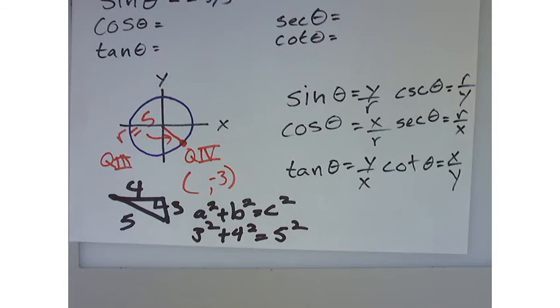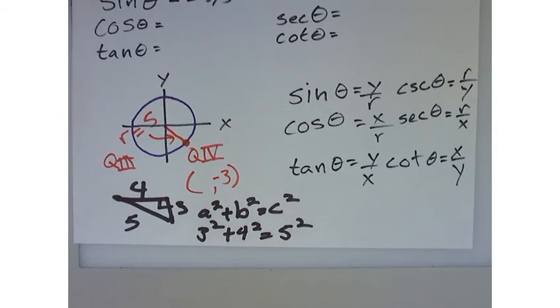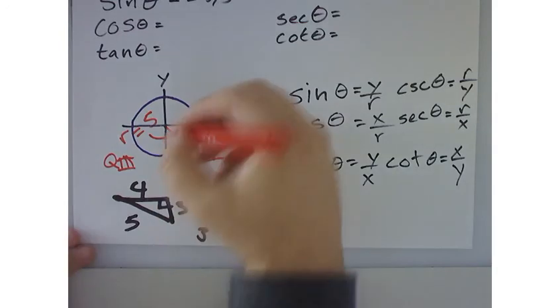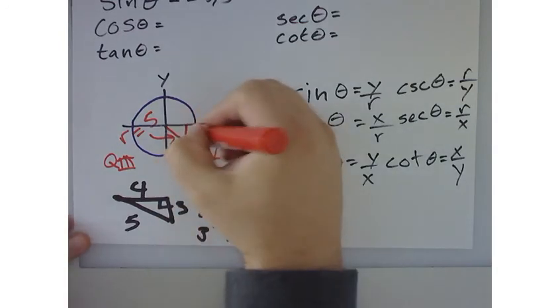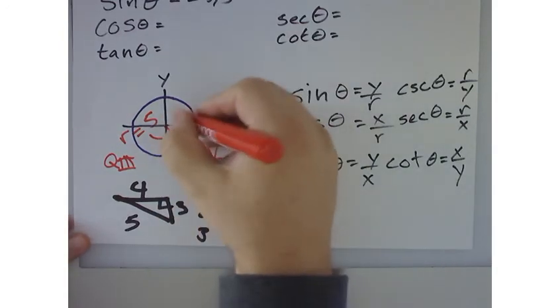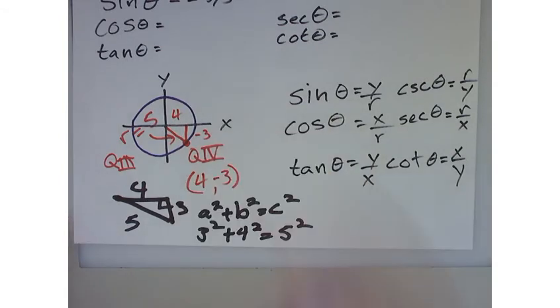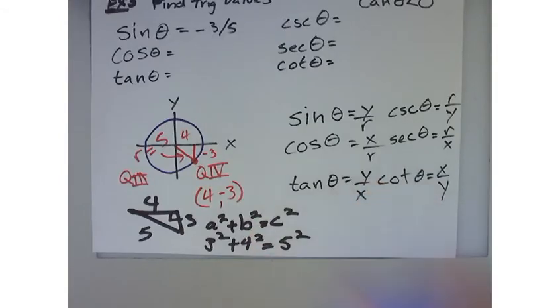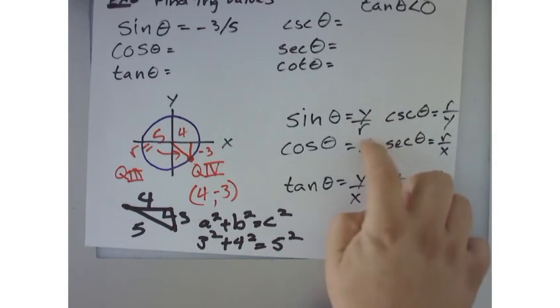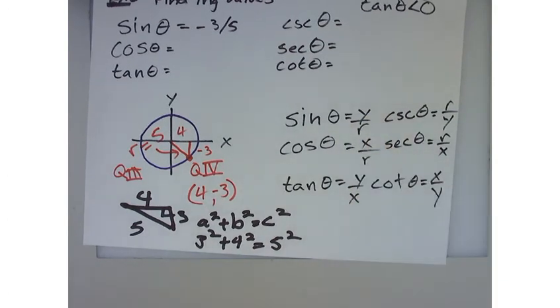Okay, good. So this side is -3, and the distance from here to here is 4, so my x value is 4. We did all of that work to determine that the x value is 4. Now that I have my right angle triangle, I can just fill in according to the y, r, x, r stuff. So what is cosine?